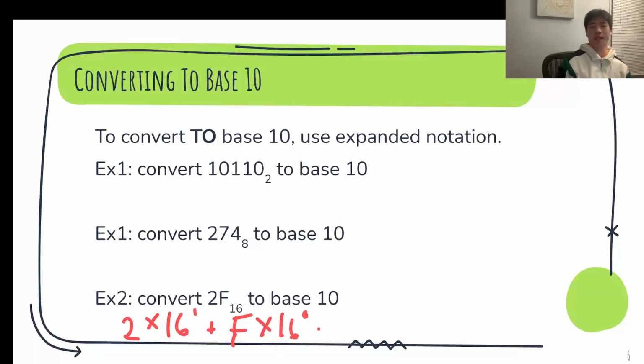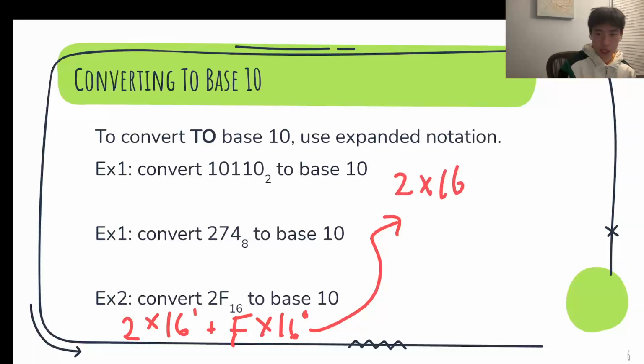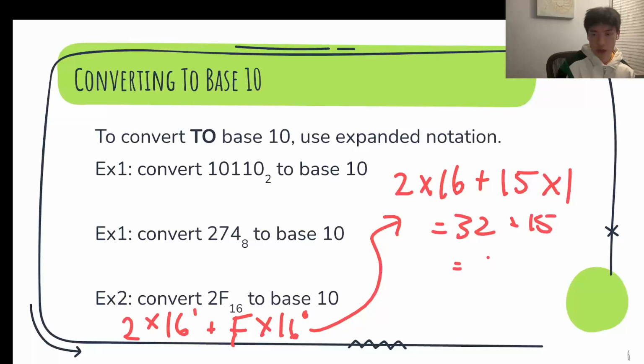We can't multiply f by 16 to the power of 0. So remember that f is actually just 15, right? So a is 10, b is 11, c is 12, d is 13, e is 14, f is 15. So this is just equal to 2 times 16 plus 15 times 1, which is equal to 32 plus 15, which is equal to 47.